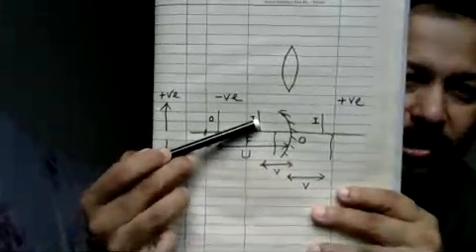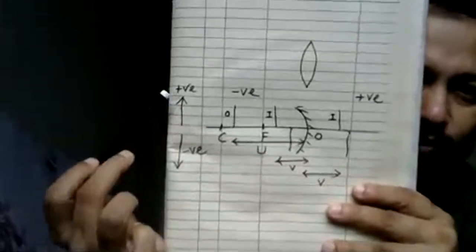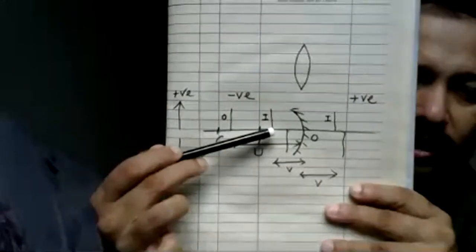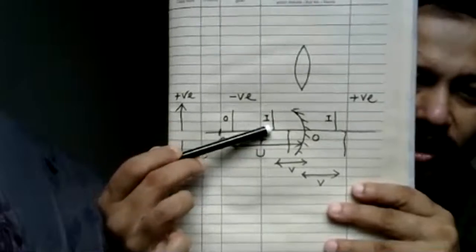Upward means positive. So when your image height is positive, then this is called an erect image. Understood? So write image height, in bracket I, equal to positive, then write erect. When image height is positive, it is called an erect image.